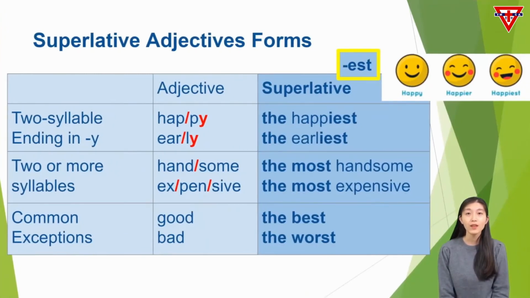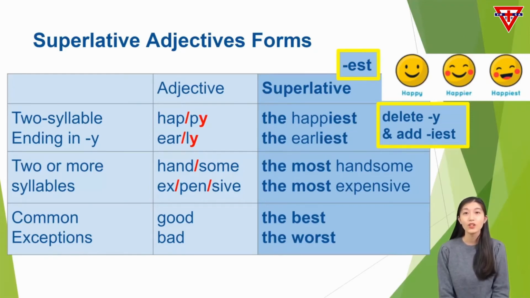When an adjective has 2 syllables and it ends in the letter Y, we'll delete the Y and add iest to the end. So happy becomes the happiest. Early becomes the earliest. Don't forget to use the before every superlative.